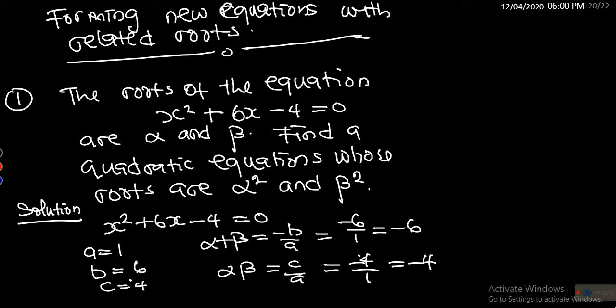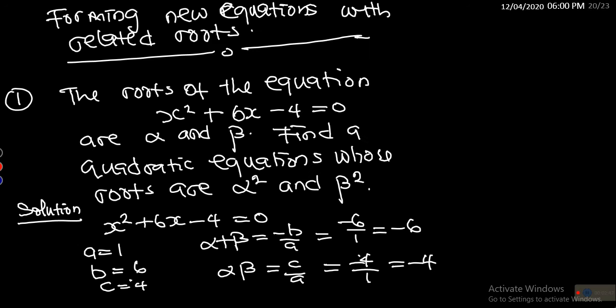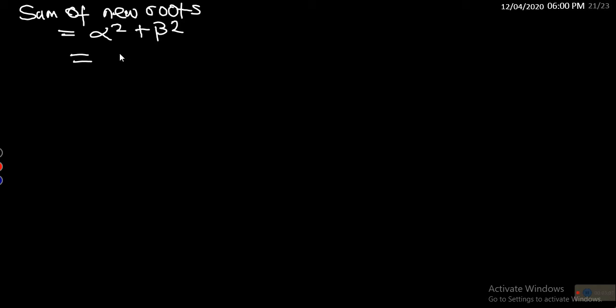So you move to step 2. The sum of the new roots is alpha squared plus beta squared. So sum of new roots equals alpha squared plus beta squared, and you can rewrite alpha squared plus beta squared as alpha plus beta all squared minus 2 alpha beta.